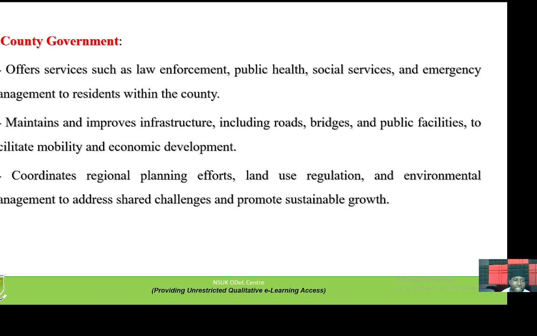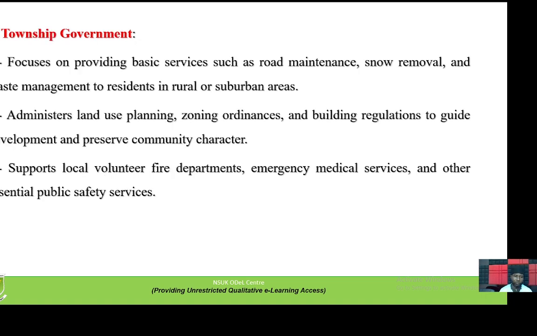Then we have county government. County government offers services such as law enforcement, public health, social services, and emergency management to residents within the county. It maintains and improves infrastructure, including roads, bridges, and public facilities to facilitate mobility and economic development. Township government focuses on providing basic services such as road maintenance, snow removal, and waste management to residents in rural and suburban areas.